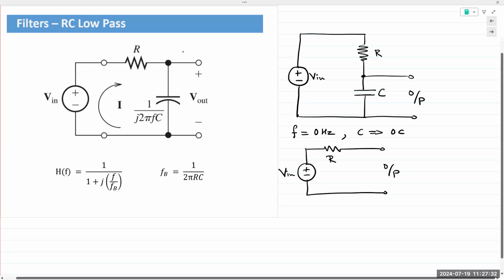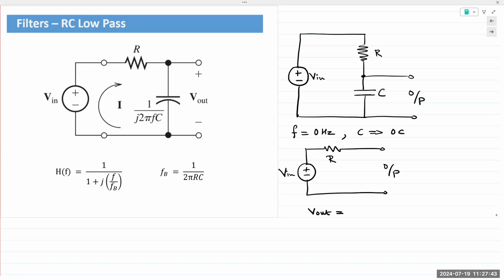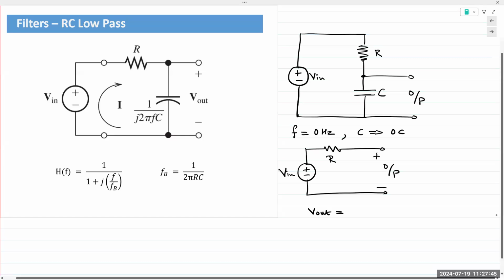It's kind of like the Thevenin equivalent circuit. Your capacitor is an open circuit. You only have the resistor in there. What is V out? V out is simply equal to V in.